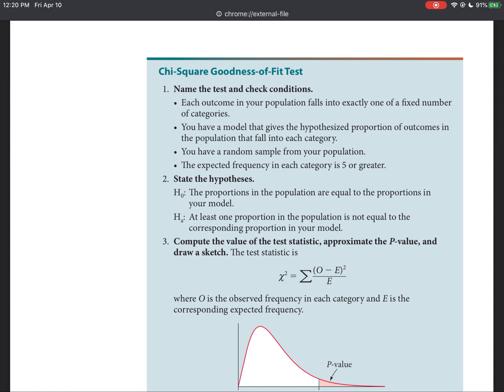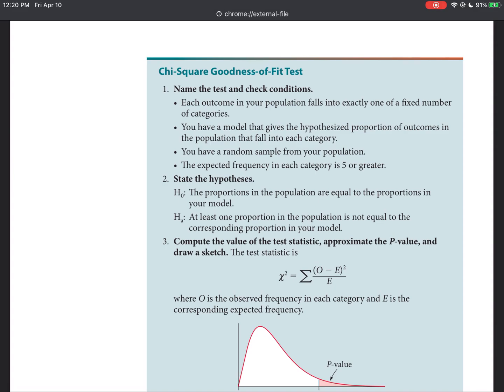That second bullet point says you have to have a model. Now for something like a die, we expect them all to occur equally likely. But for other information, they either have to tell you that all the results should be equally likely, or they have to tell you what the results should be. So you need to know that if there's, let's say, 4 outcomes, that 20% of them are in outcome 1, 30% are in outcome 2, 25% are in outcome 3, and 25% are in outcome 4.